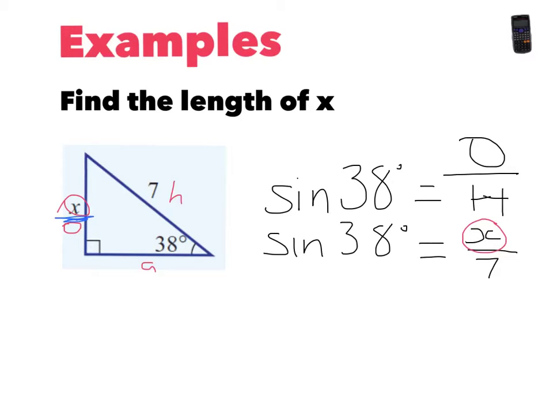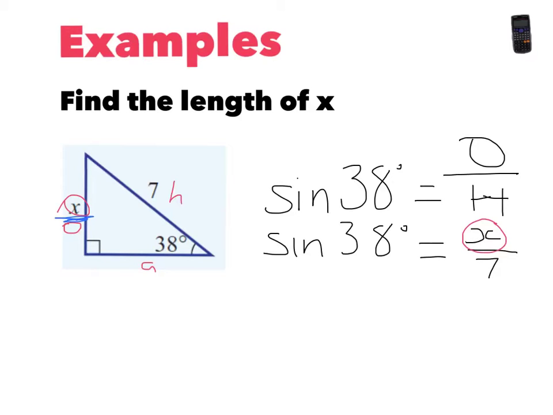Now, if sine 38 equals x divided by 7, how do I get that x by itself? Sorry, what's that you say? Do the opposite and multiply each side by 7. Well done, you.